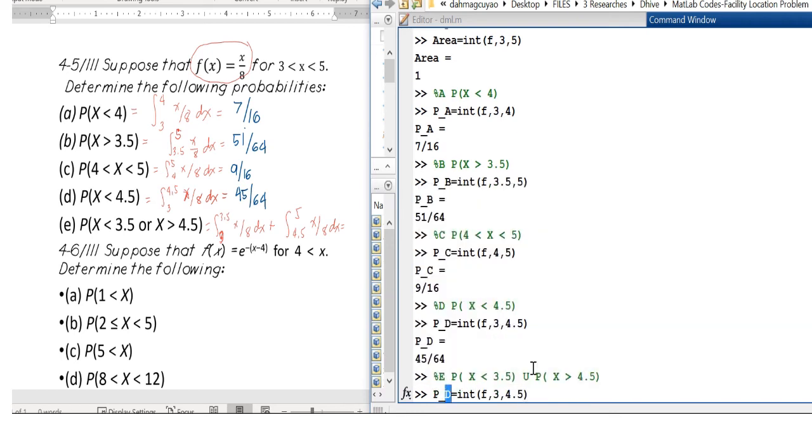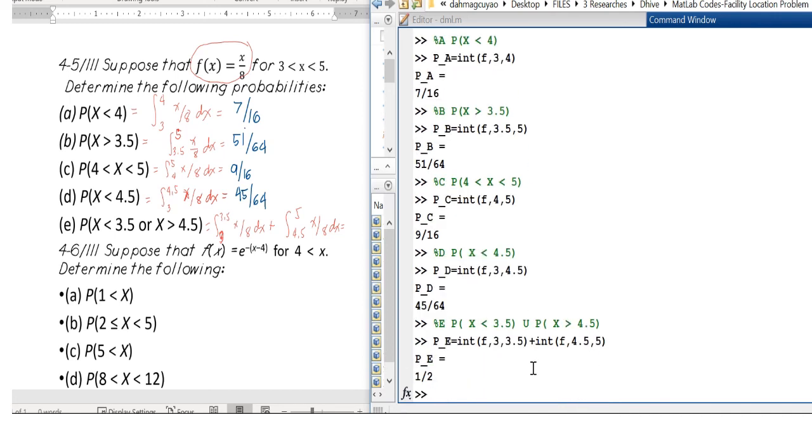So P of E is the integral of f from 3 to 3.5 plus the integral of f from 4.5 to 5. So that's 1/2.